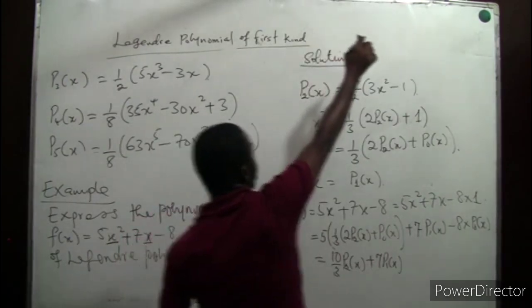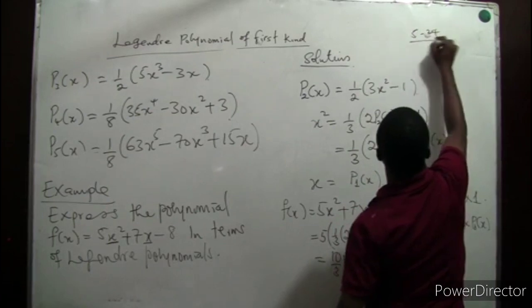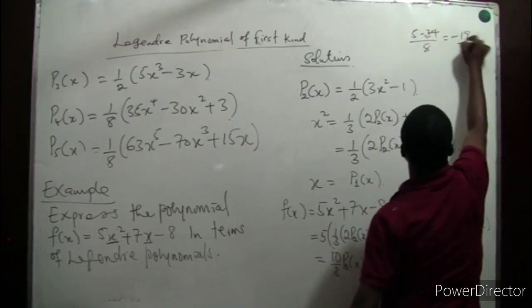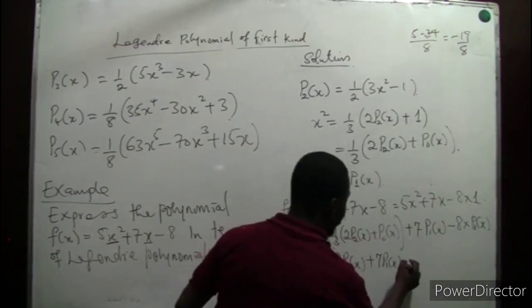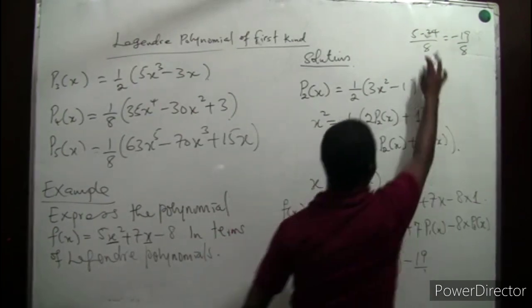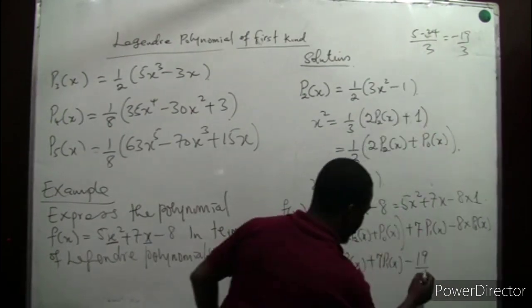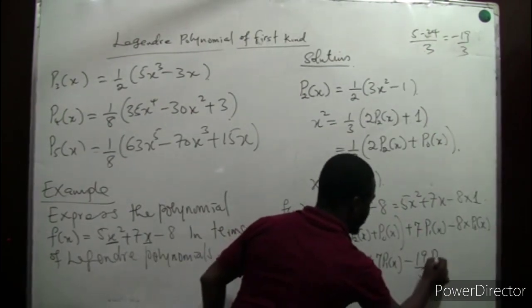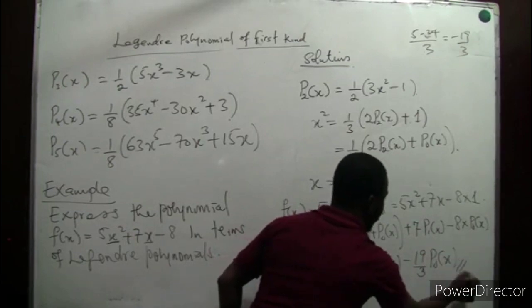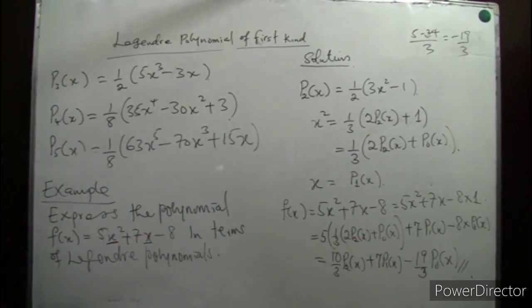That is 5 minus 24, which gives us minus 19 over 3, p0(x). And that is the conversion of the given polynomial to Legendre polynomial of first kind.